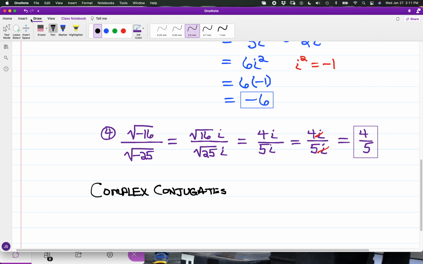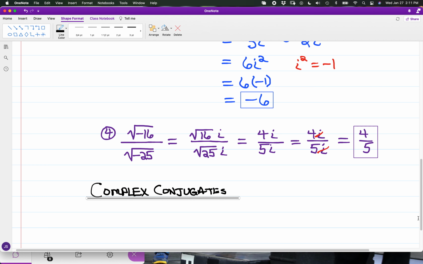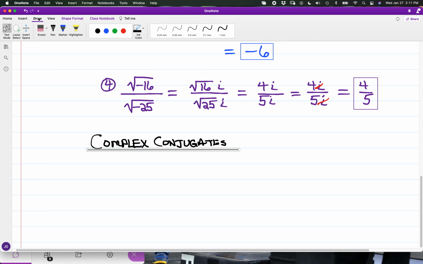Okay. And again, just regarding complex conjugates. Now again we had the standard form of a complex number is a plus bi.